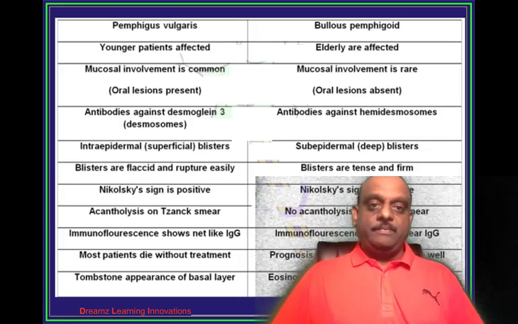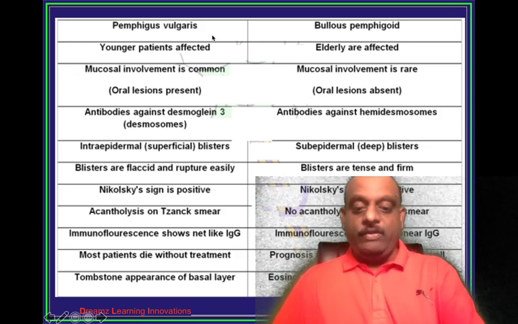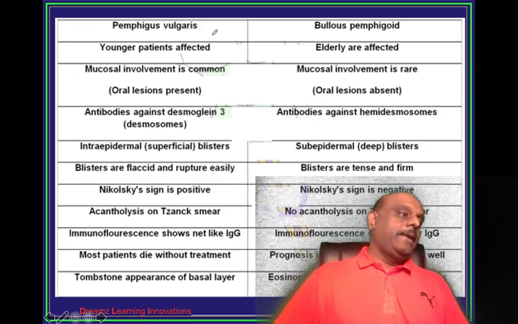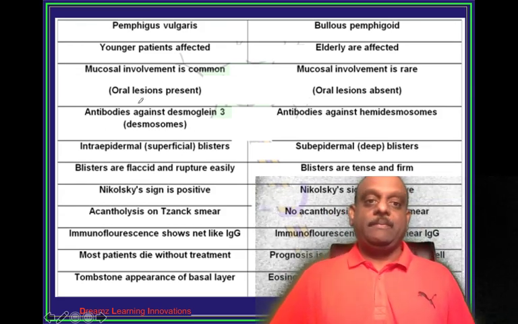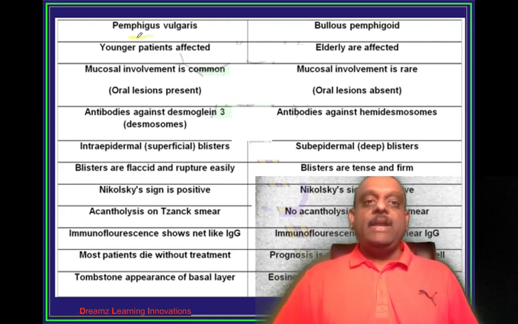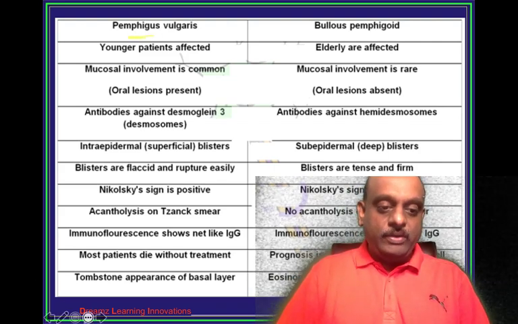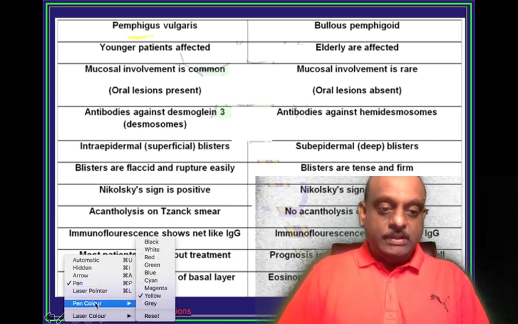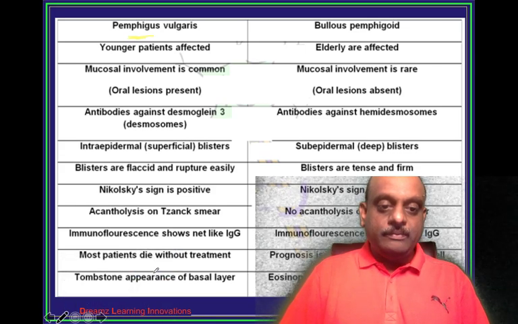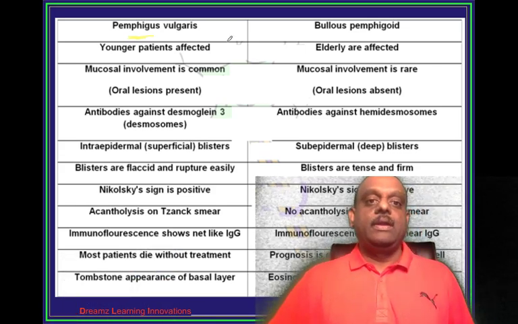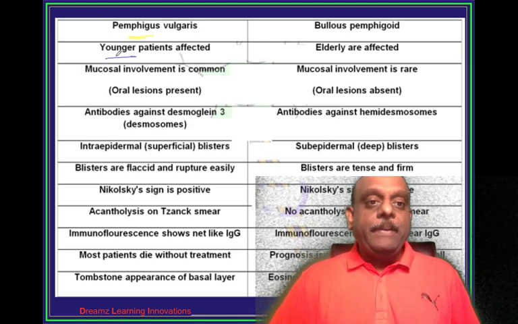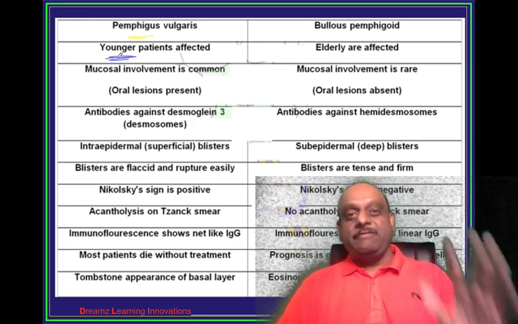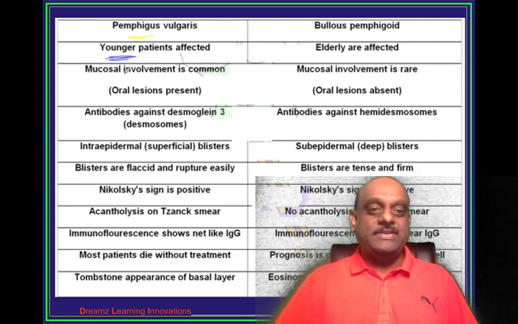Now, doctor, time aa gaya where we have to become a champion on this topic. Mainly Pemphigus. Let me take a blue colored pen. Pen color will be blue. Okay. Now, young patients are the ones affected in Pemphigus vulgaris.